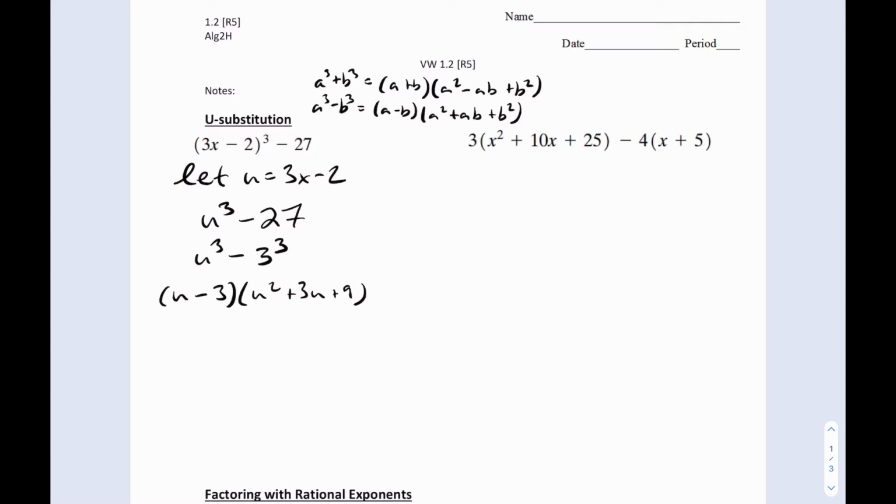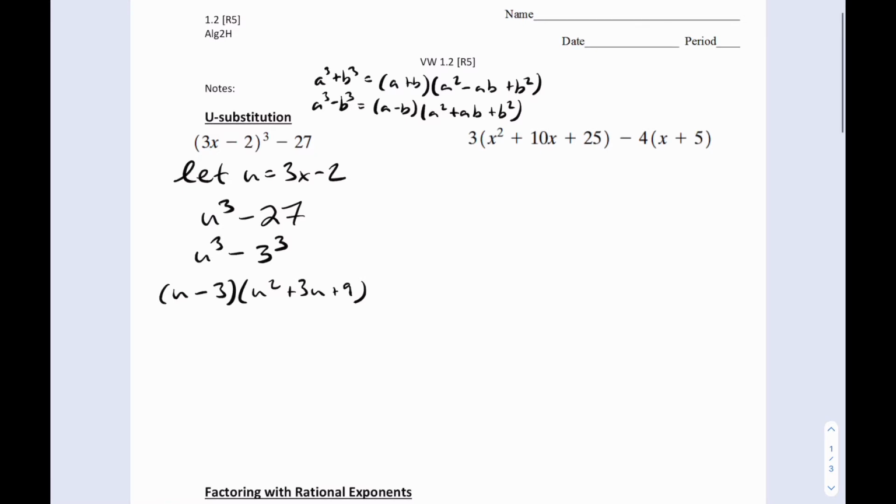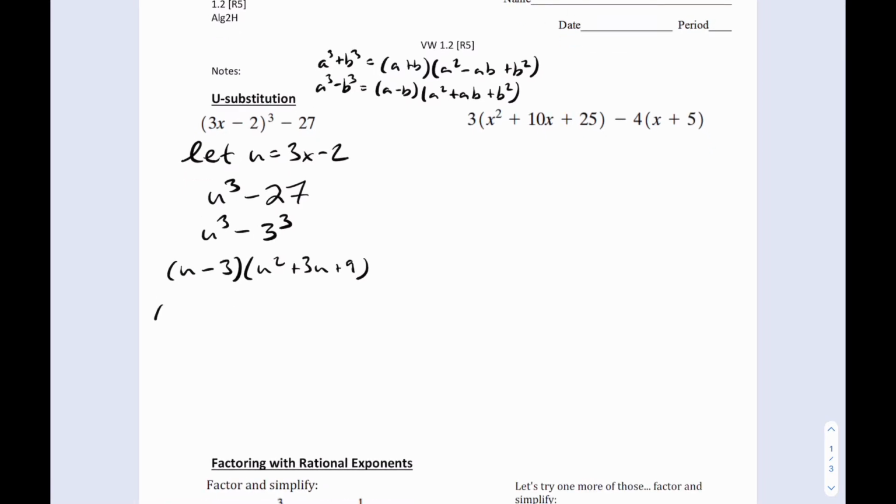Now notice how this factorization is not done. We have to plug back in for u because we're trying to figure this out in terms of x. So all you do is you plug it back in. So 3x minus 2 minus 3. And then let's just work that out.